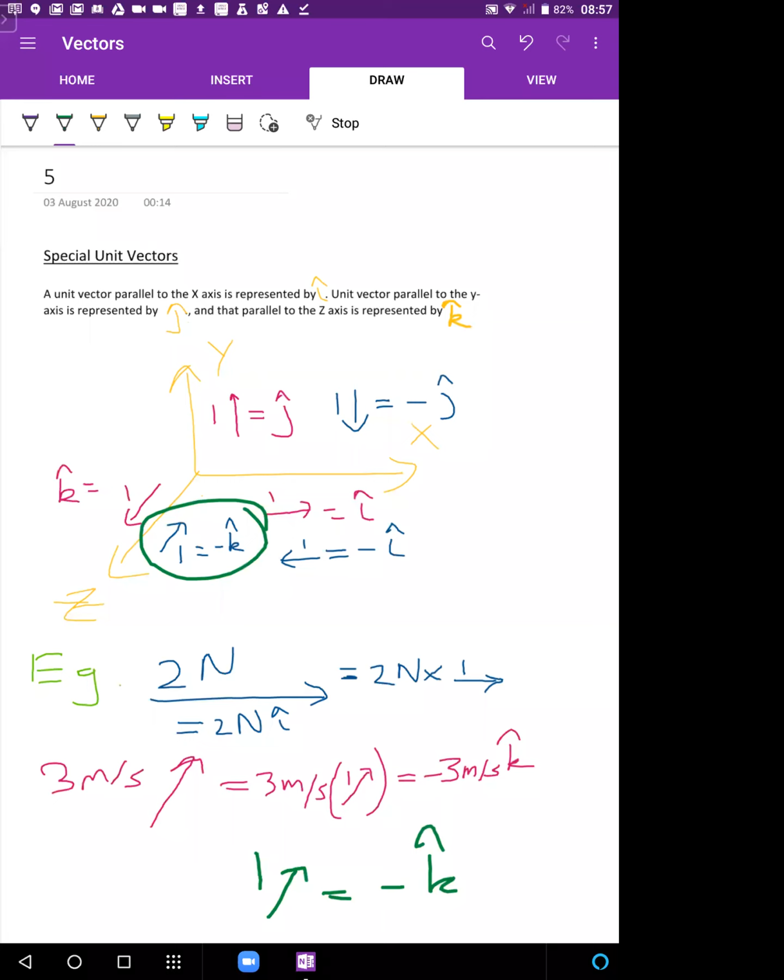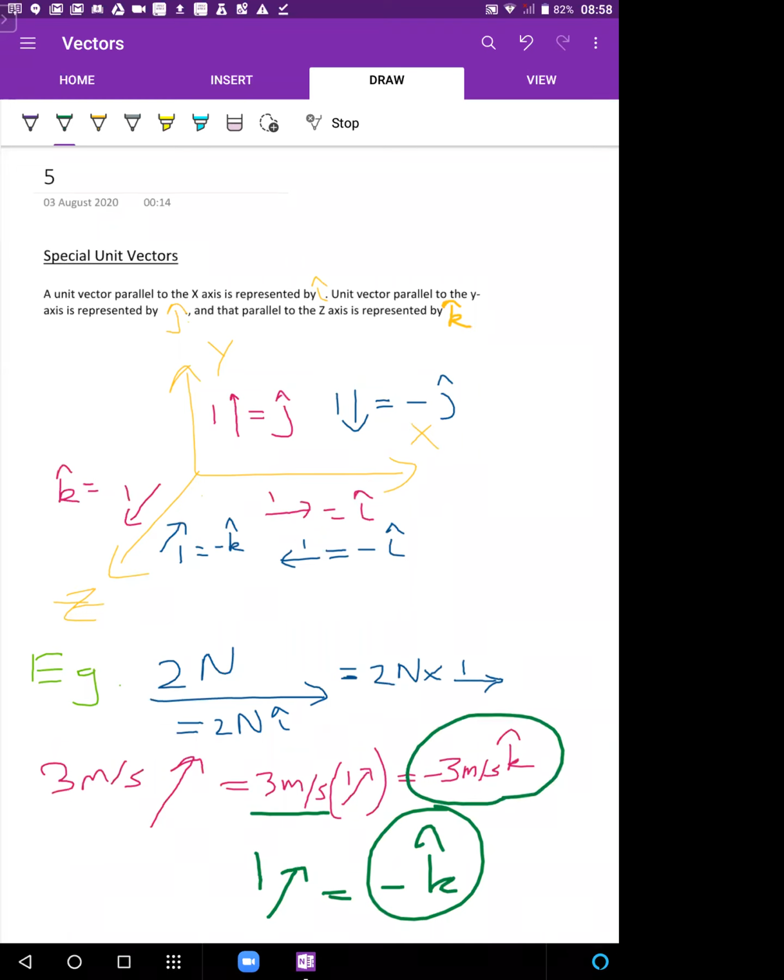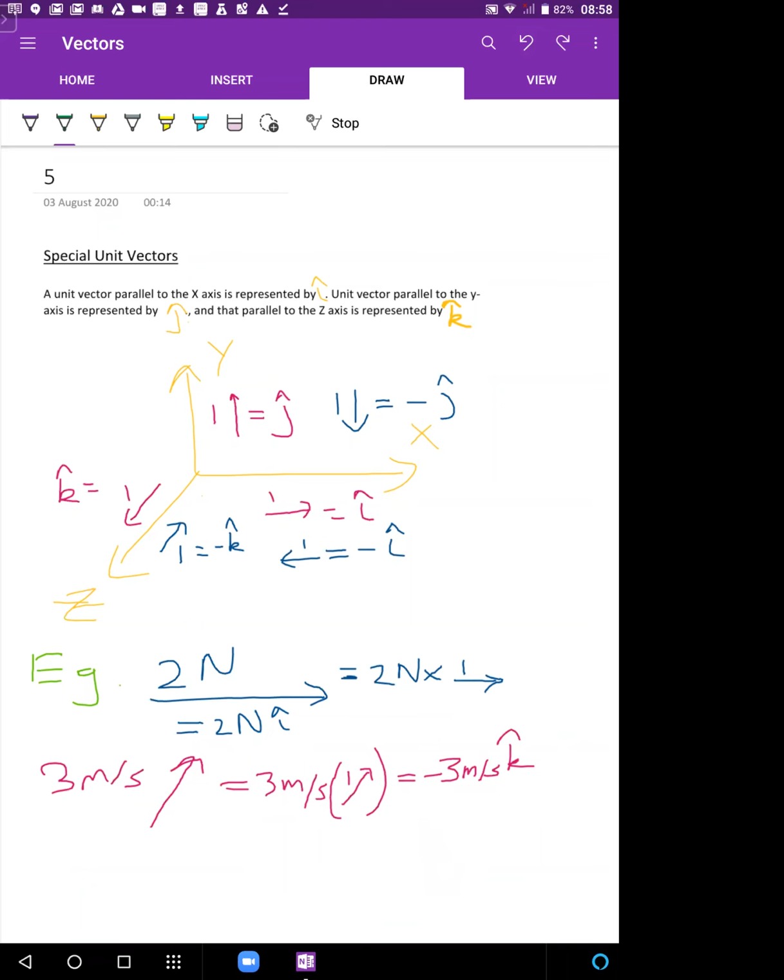Minus k cap is just the opposite direction of k cap. So minus is not really negative the way we picture it. It just means the direction is opposite of whatever the vector is representing. So when I multiply minus k cap with 3 meters per second, I naturally end up with this. When you see this, you should not say, अरे why is 3 negative? वो negative जैसे तुम पिक्चर कर रहे हो है ही नहीं.